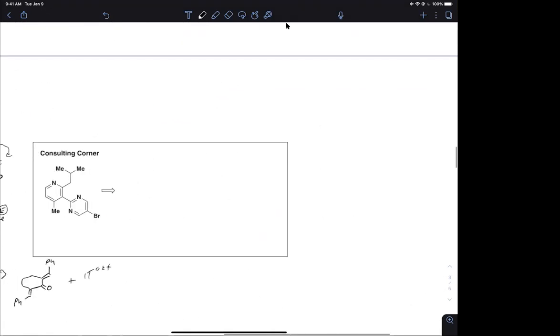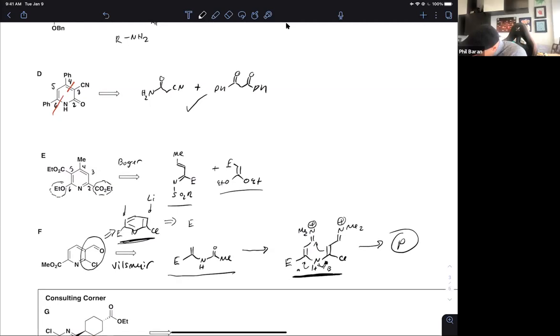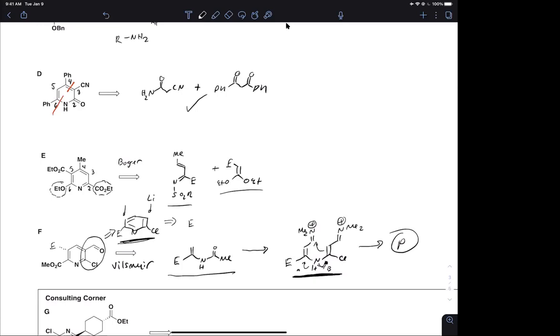All right. Is this likely to work if you had the ester in the 5 position instead? You mean if the ester was here? Right. If you were to do the same Vilsmeier approach, it should work, right?